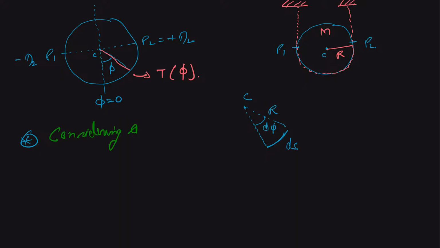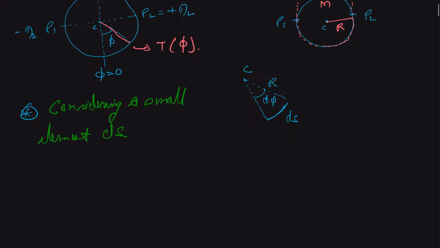considering a small element d of s, and the length of this small element d of s will be equal to r times the angle, that is our small angle d of phi. Okay.